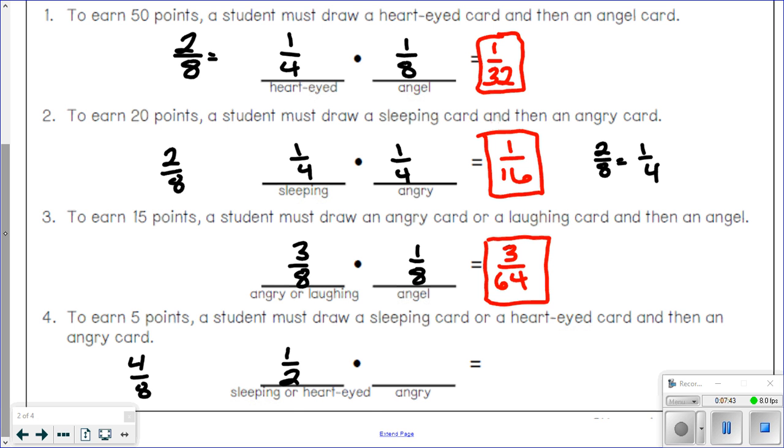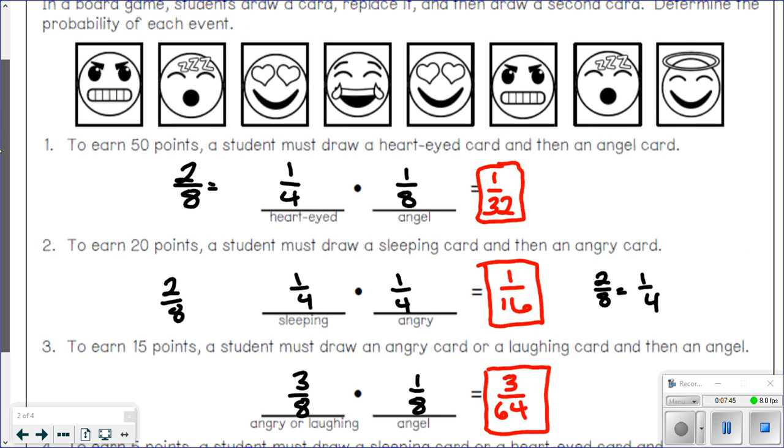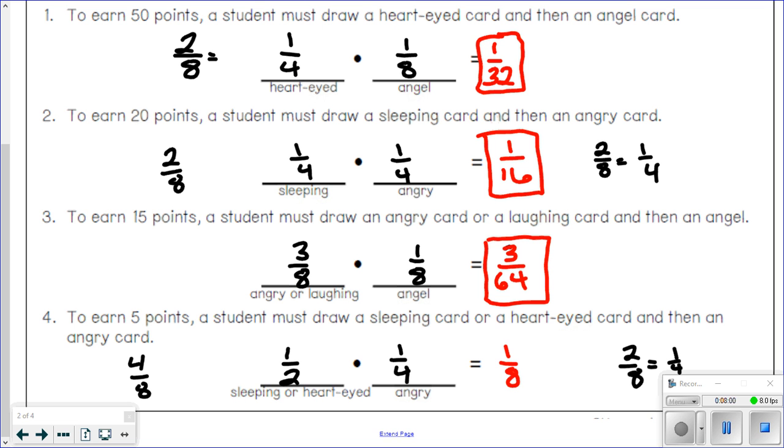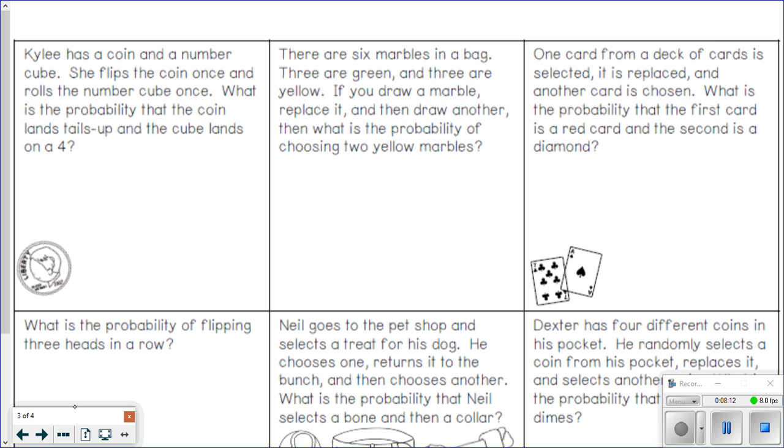And then angry, there are 2 of those, so 2/8 or 1/4. Put 1/4 in here. Multiply straight across. Probability 1/8. All right, so to find the probability of 2 separate things happening, find the probability of each one and then multiply them together.